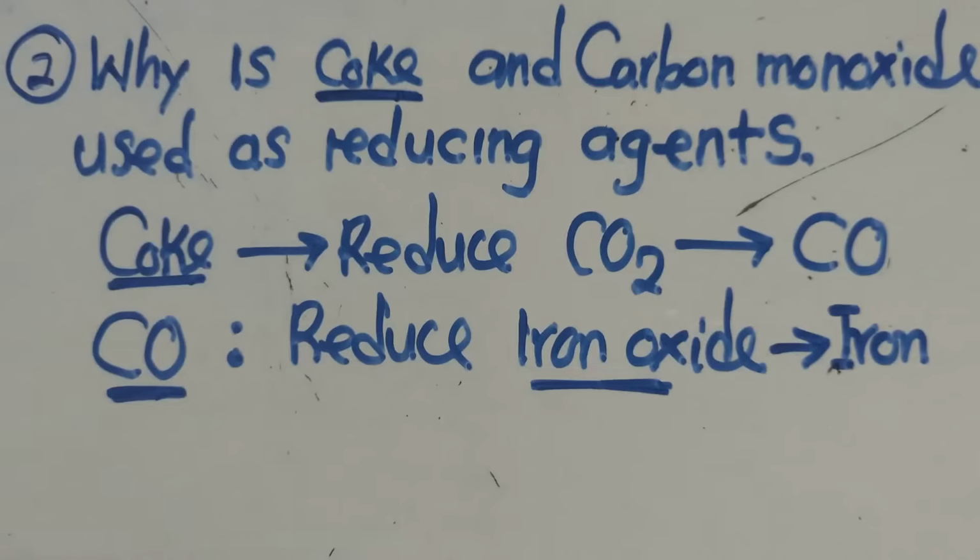Why is it floating on the iron? So that it can prevent the molten iron from being oxidized by the incoming oxygen. This is what you need to know and understand. These are questions that can come in an exam under extraction of iron. So we are going to end here.